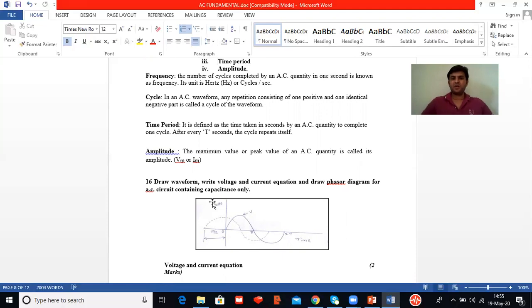In case of an AC waveform, any repetition consisting of one positive and one identical negative part is called a cycle. Third is the time period. It is the time taken in seconds by an AC quantity to complete one cycle. Next is the amplitude. The maximum value, or peak value, of an AC quantity is called the amplitude.